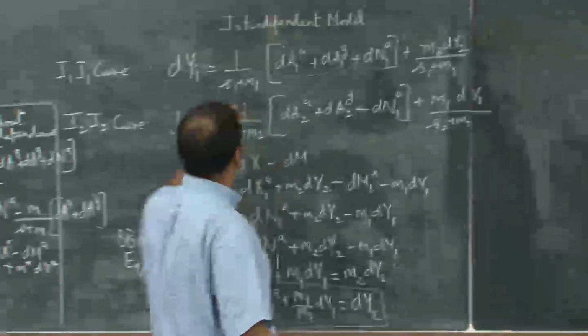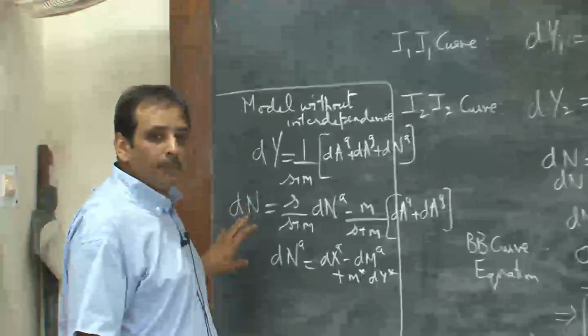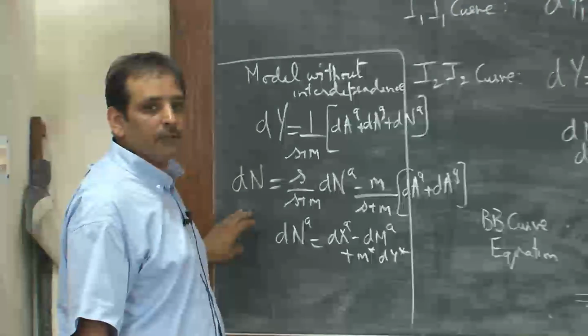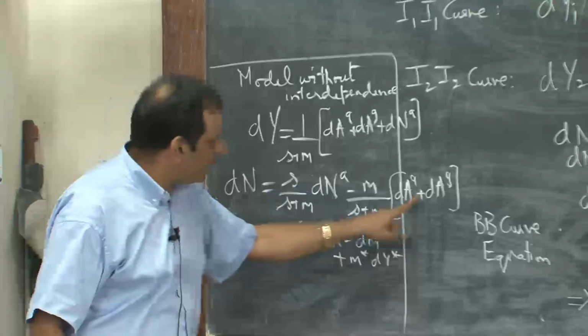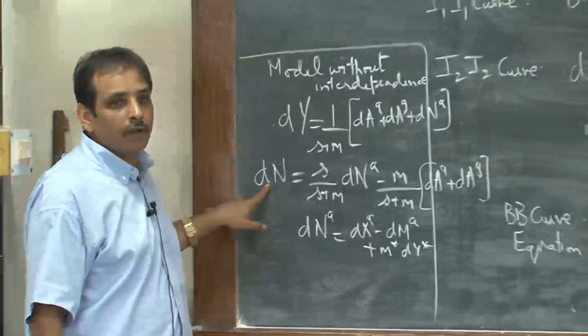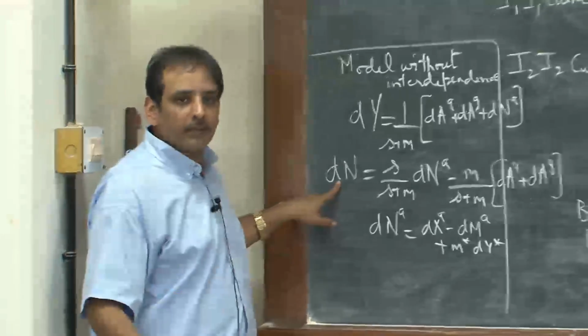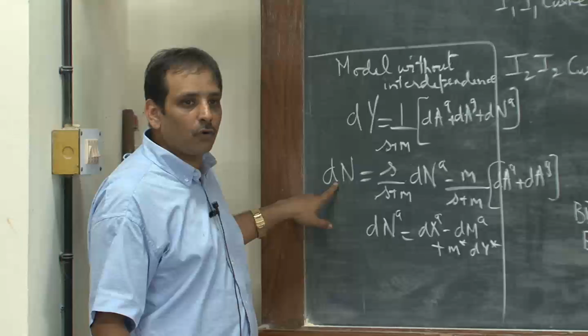But as I said, it's not able to completely wipe out the deficit which is created because of the shocks which are given in the economy. Look at the model without interdependence. If DAA plus DAG goes up, it leads to a current account deficit, because when the expenditures go up, incomes go up, imports go up.